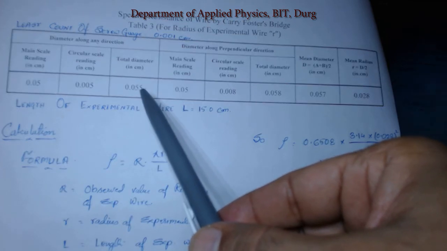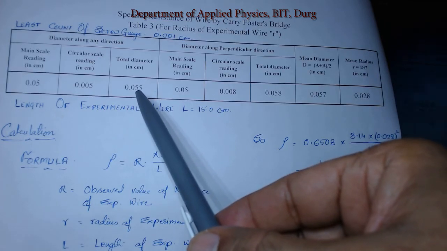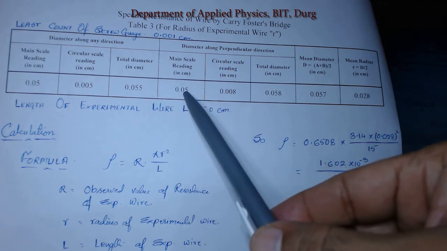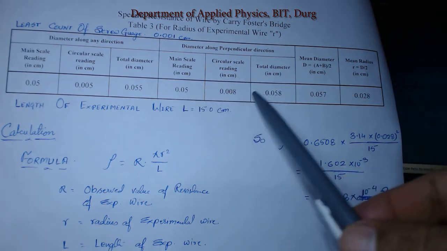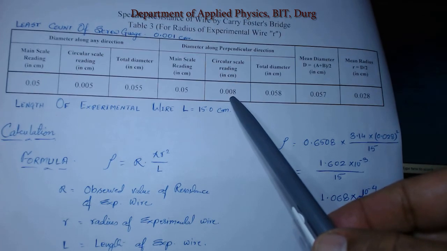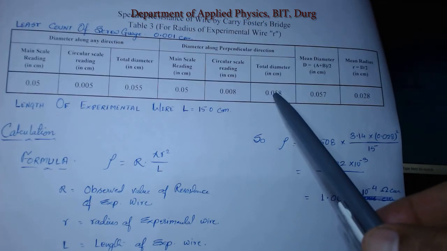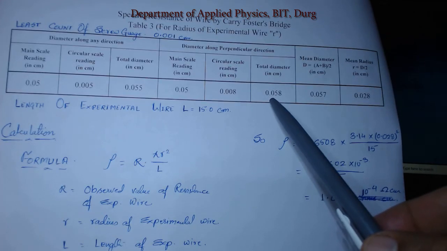Now we rotate the screw gauge so that this time we are measuring the diameter along the perpendicular direction, and again the main scale reading is 0.05 centimeter. The head scale division now is 8, so it is 0.008. The total reading becomes equal to 0.058.